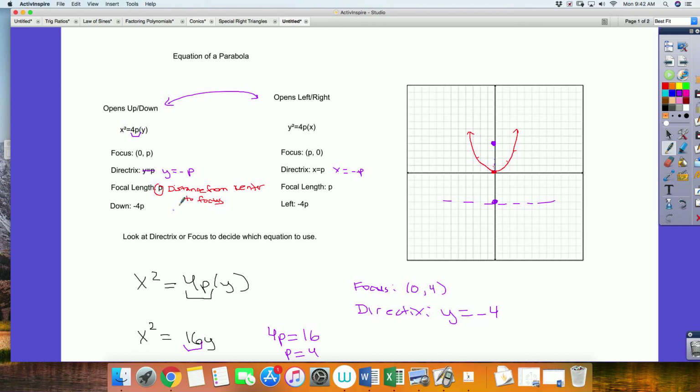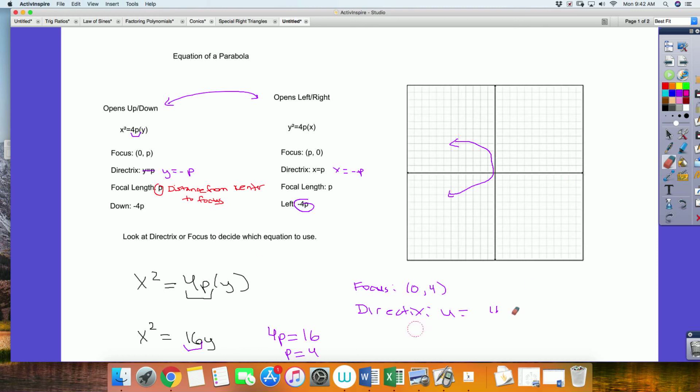It's when it's x squared. If I see a y squared at the beginning of the equation, now I know instead that my parabola is going to be opening either left or right. Sorry for my sad little parabola there. So notice that left means that that number in front of the x now is a negative.